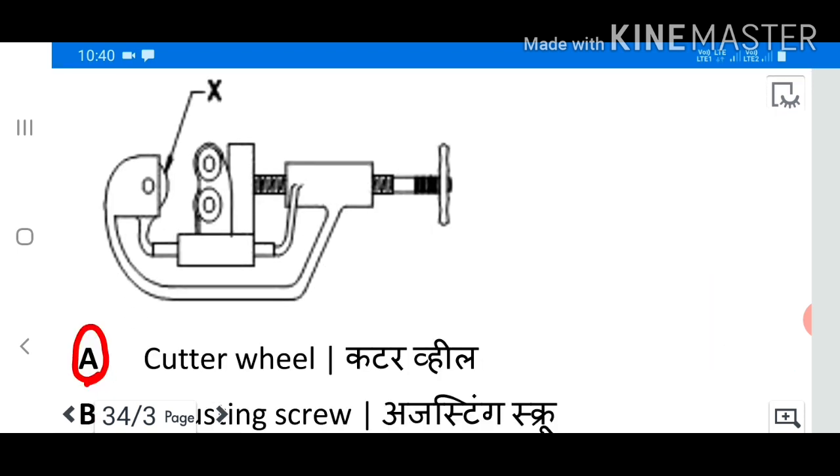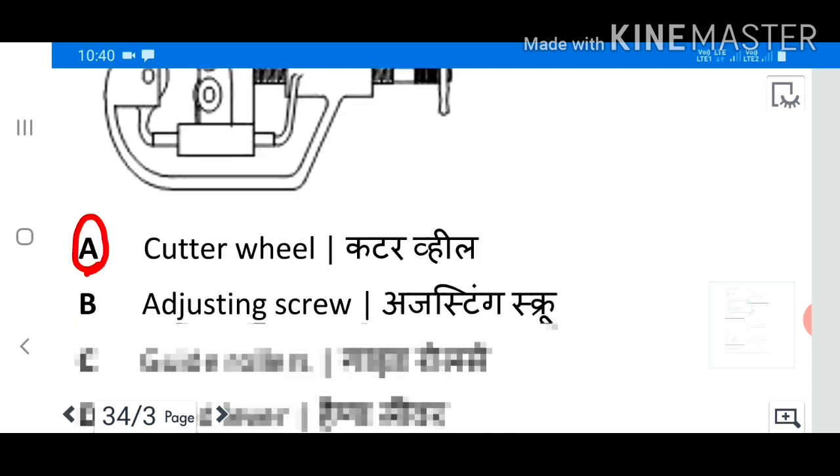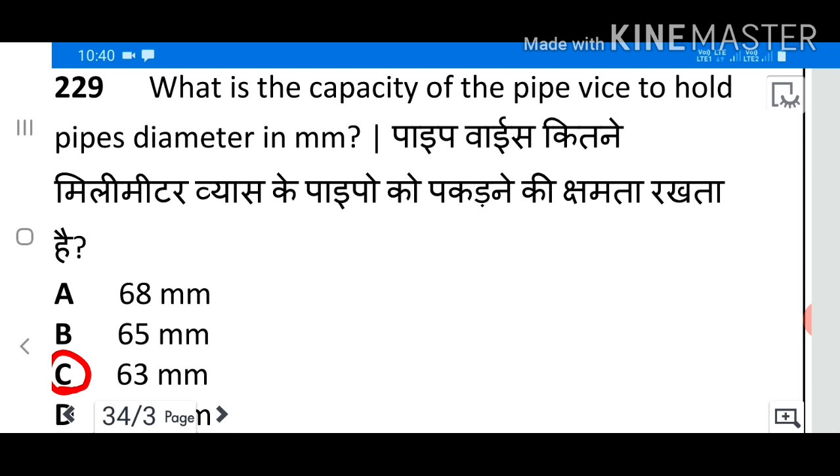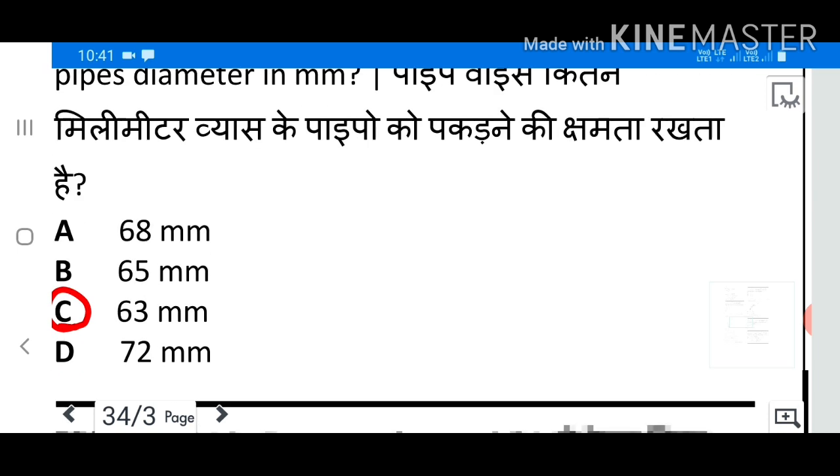Answer A. Cutter wheel. 229. What is the capacity of the pipe hoist to hold pipe's diameter in mm? Answer C. 63 millimeter.